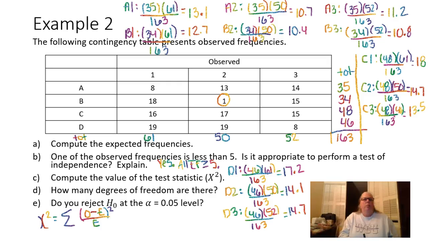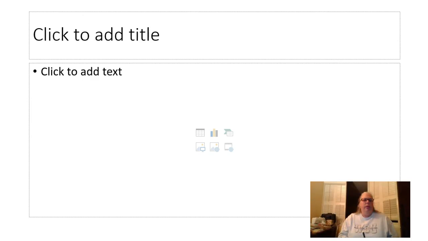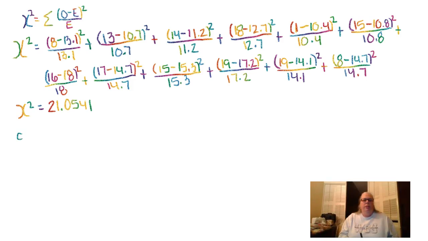Okay, let's go back to our problem. Part D, how many degrees of freedom are there? Well, the degrees of freedom formula was the number of rows minus 1 times the number of columns minus 1.